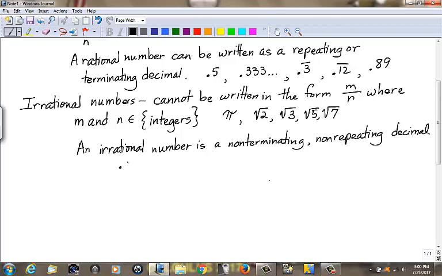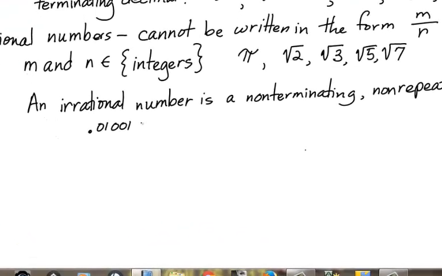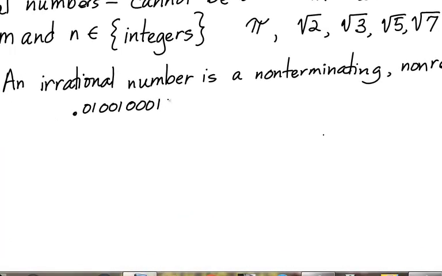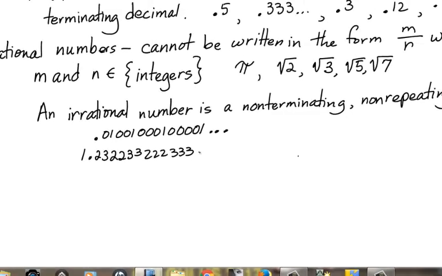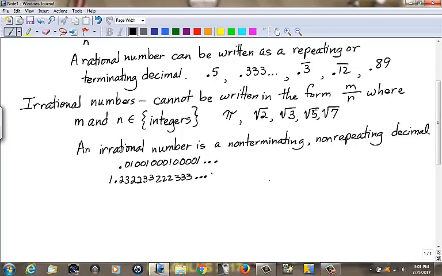So like if I did 0.01, 001, 0001, 00001, and so on, it does not repeat one specific pattern. It does not have the same amount of zeros in between, and it does not terminate. You have to have the dots to show that it does not terminate. Another example would be if I had 1.232233, 22233, and then more dots. So those are examples of irrational decimals, irrational numbers.